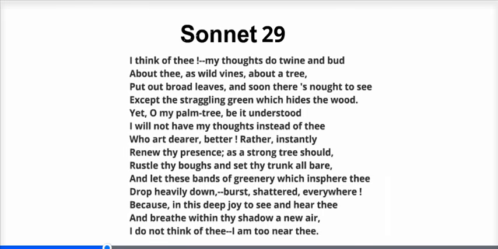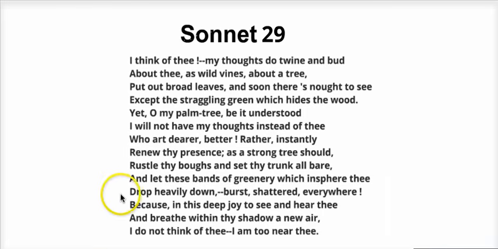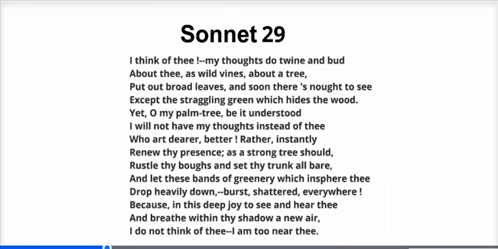And then it carries on in the poem: "Drop heavily down, burst, shattered everywhere! Because in this deep joy to see and hear thee, and breathe within thy shadow a new air, I do not think of thee, I am too near thee." So what she's saying is, let my thoughts smash to pieces, because it gives me such deep joy to be in your presence.